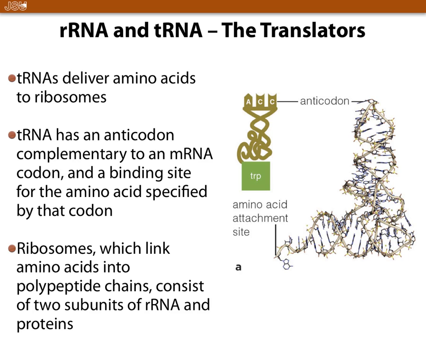One anticodon only links to one amino acid. For example, ACC will only link to tryptophan on tRNA. AAC will not have any other amino acid on it.